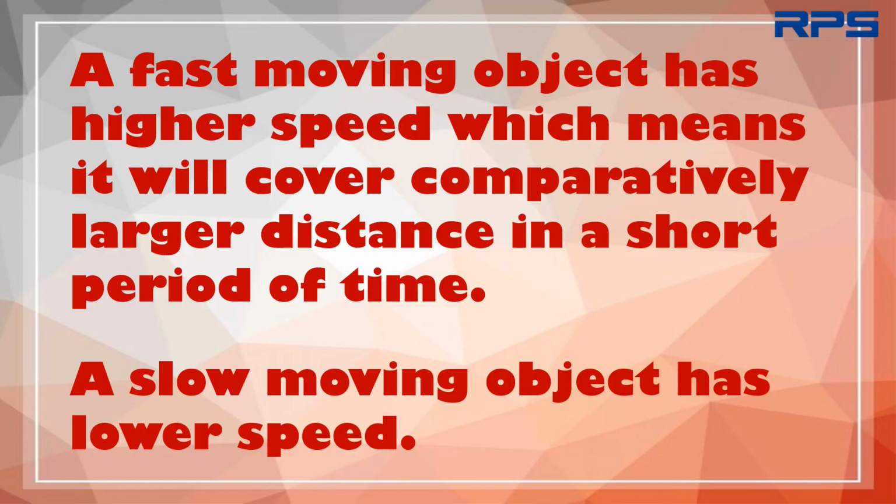A fast-moving object has higher speed, which means it will cover comparatively larger distance in a short period of time, whereas a slow-moving object has lower speed.